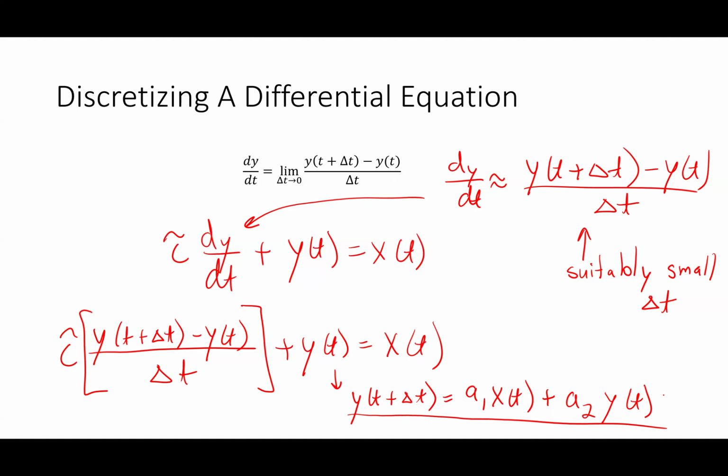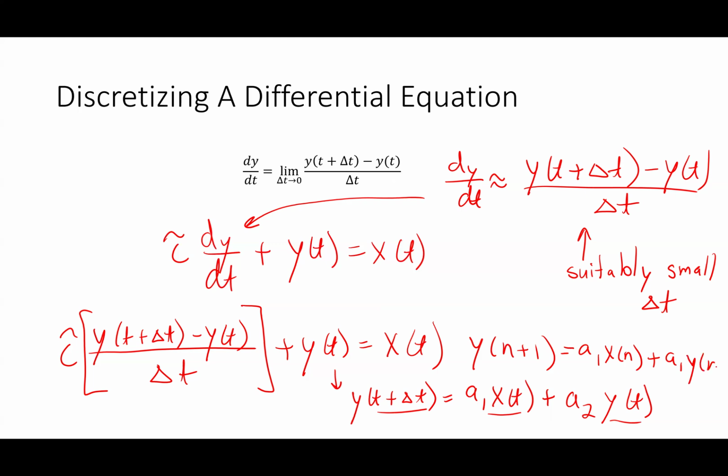The way we did this in discrete time is I use the value now for the input and the value now for the output to figure out the value at the next time step. Or in discrete time, y of n plus 1, the next value in the array, is equal to some additive combination of the current value of the input plus the current value of the output.